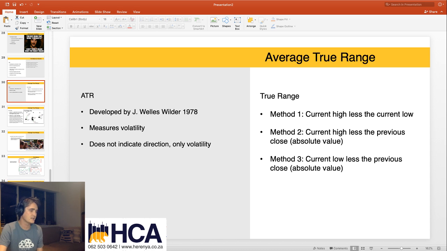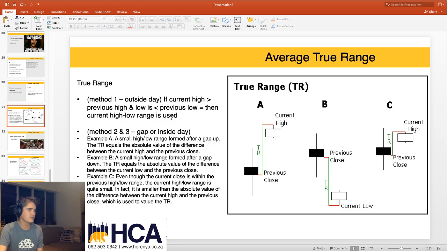So yeah, pretty easy stuff really. What you're trying to do is find essentially the furthest point away from the high or low of the day. So if we look at today, the high point is this. What is the furthest point away from the closing price, from today's high or low? What's the biggest number?